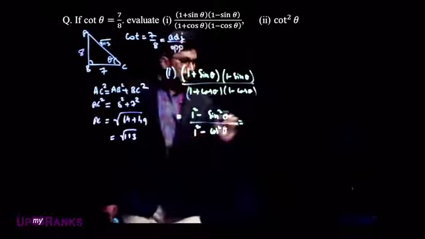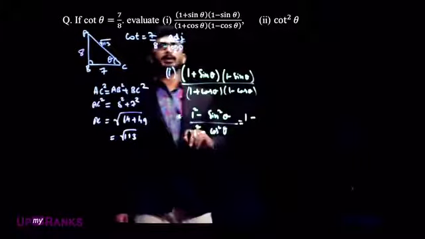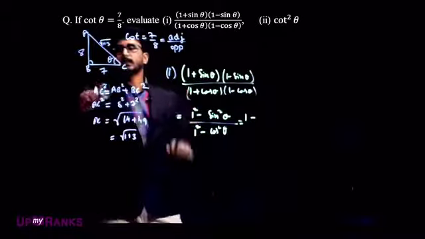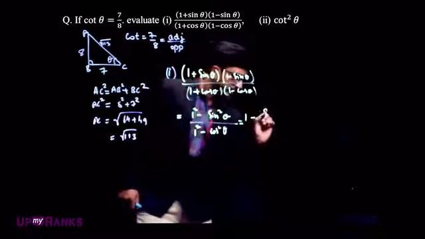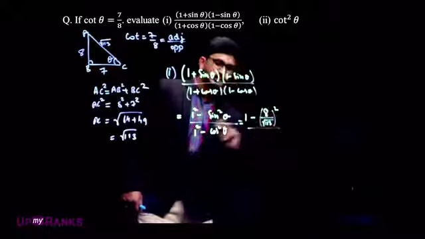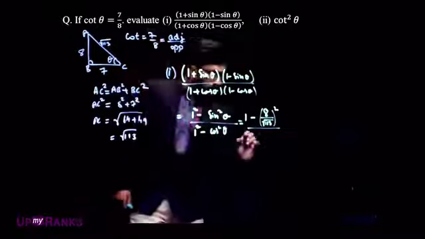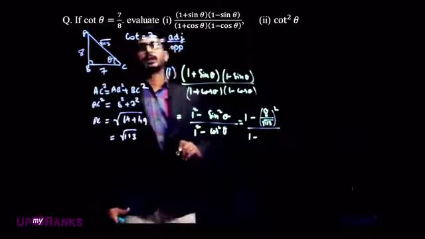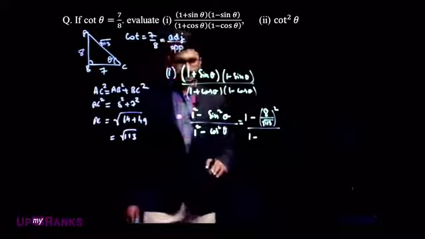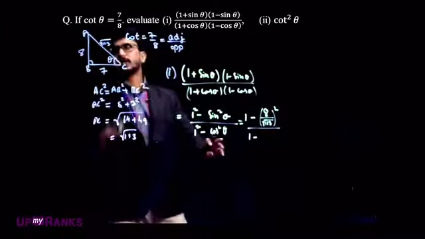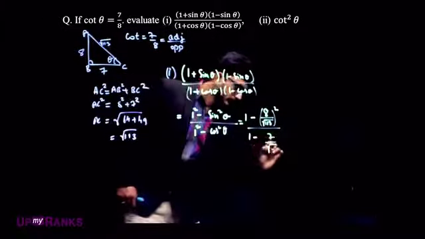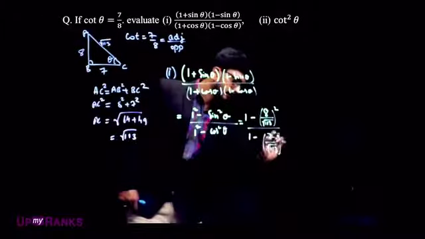So 1 minus sine square theta. Let's see what sine square theta is here. Sine theta is opposite side by hypotenuse, which is 8 by square root of 113, whole square, because it is sine square theta. Similarly, 1 minus cos square theta. What is cos square theta, children? Cos theta is adjacent by hypotenuse, 7 divided by square root of 113.